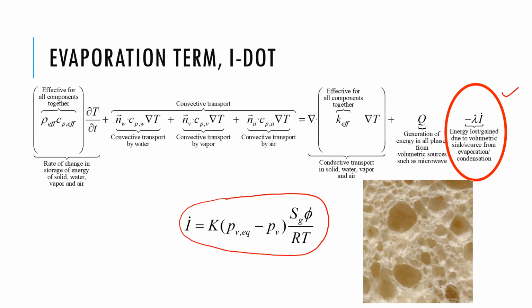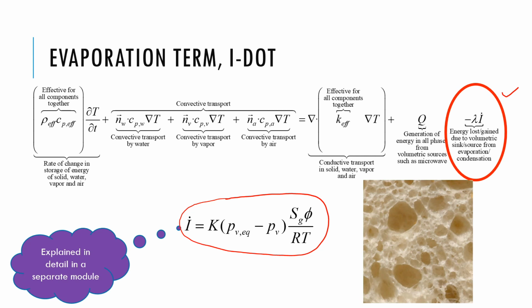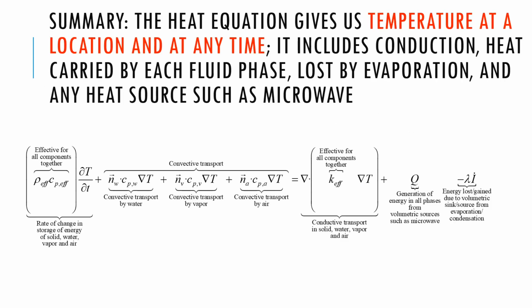And the origin and the details of this are described in a separate module. So we need to go through that module to understand more about the I dot. But this is how I dot is calculated, and then it is plugged into the energy equation to bring in the evaporation, and therefore the heat equivalent of evaporation, which is lambda times I dot.